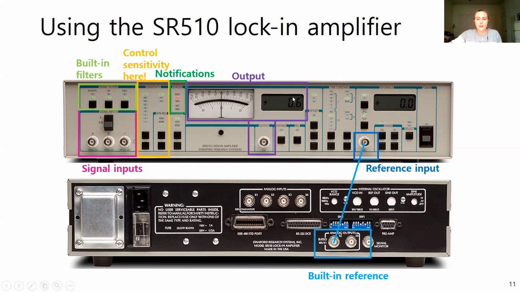And then we already talked about the time constant, but then the output is here in the center. So you can get a digital output, connect this to an external instrument like the DSO or your KDMM. But there's also, like I mentioned, this analog output here, which is sometimes nice to use to see if you're having an AC signal.